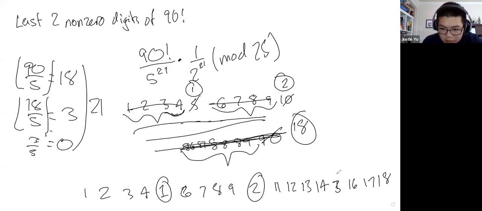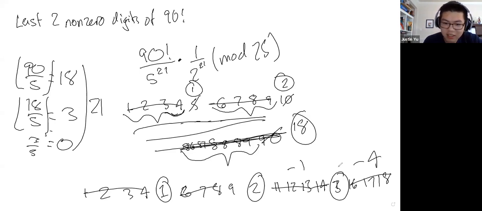They should be 5, 10, and 15, but they're also not needed because we divided by 5, so we have to be careful about these. -1, -1, -1. So this is -1, and this is -4. I got that right. And this is 6. So the overall product of all of these terms, when we multiply them, is going to be 24.